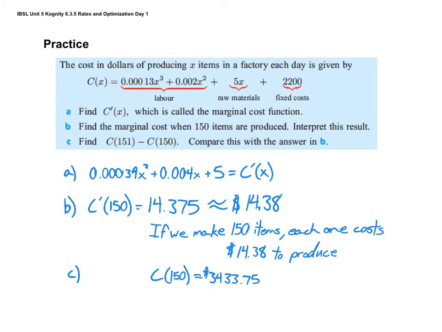So let's actually do that here. 151 cubed times 0.00013 plus 0.002 times 151 squared plus 5 times 151 plus 2,200.